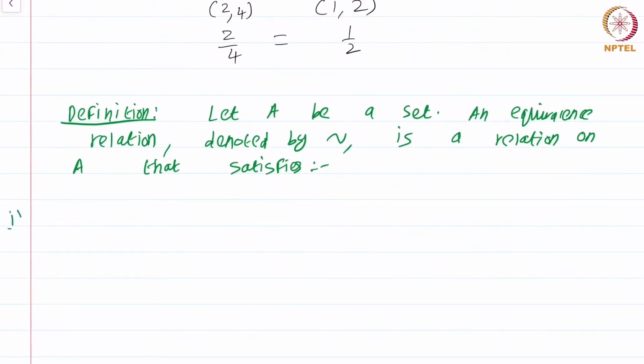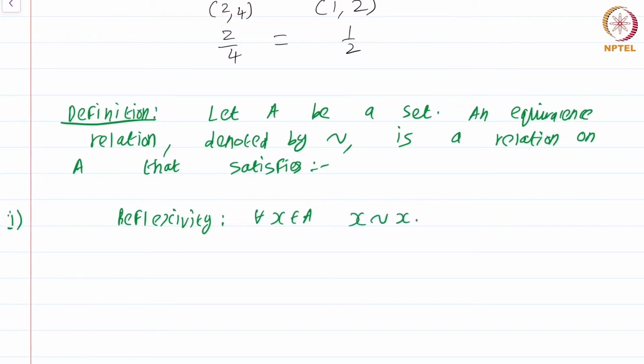Number 1, the first property is called reflexivity. This says that every element is related to itself. For all x in A, x is related to itself.